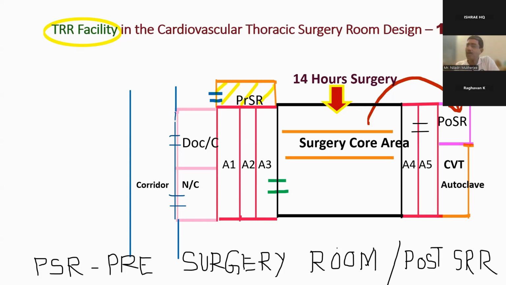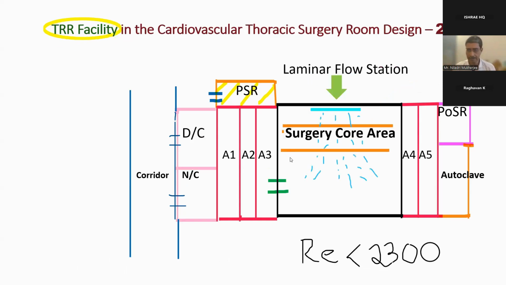This is the very basic layout of a CVT surgery room, a must. Because you cannot take a patient from the surgery room directly to the bed, there are separate doors to keep this.